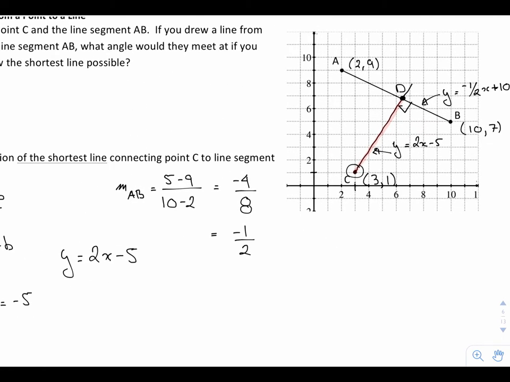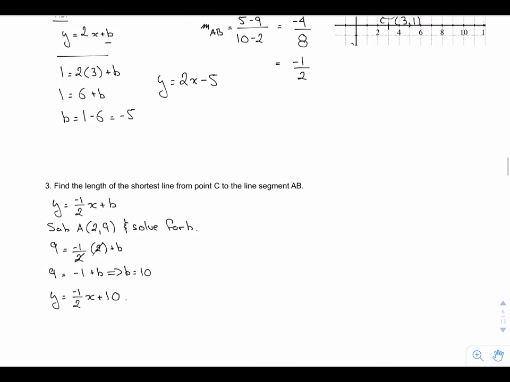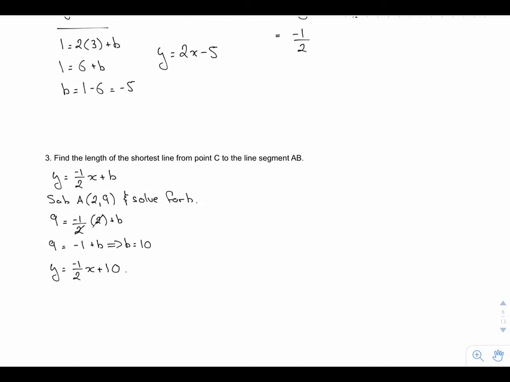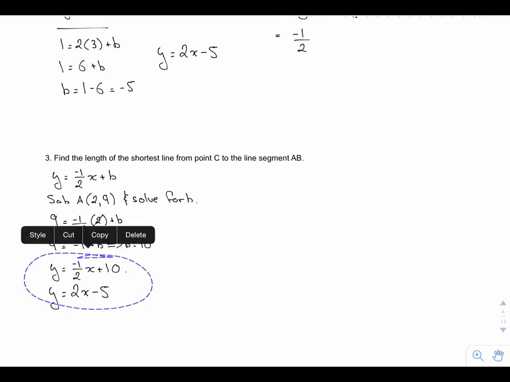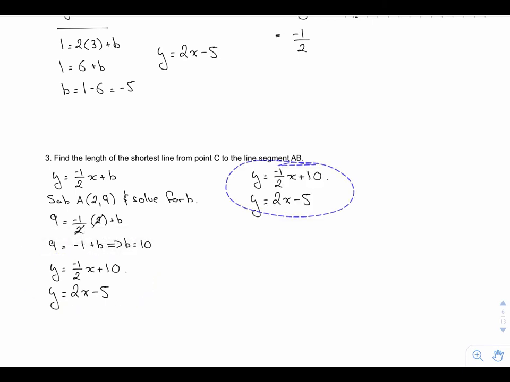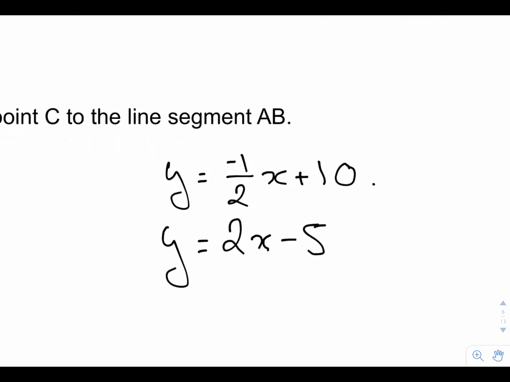To find the point of intersection, I can use the method of elimination or substitution. So let's put the 2 equations together. Let me copy this one and paste it here. Here are my 2 equations. I'm going to copy both of them and put them over here. I want to find the point of intersection of these 2 lines. If you notice, they're both equal to y.